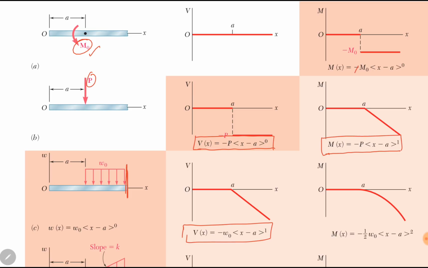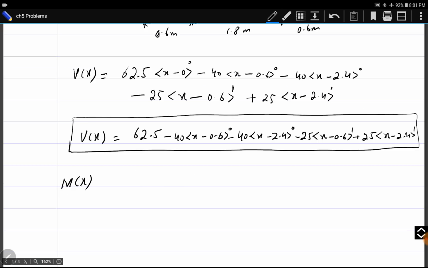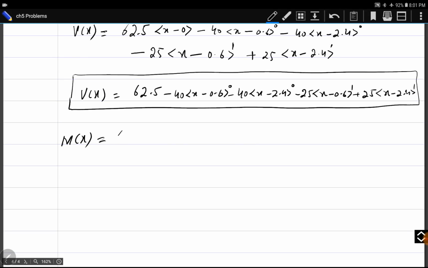For downward force, it is minus p. For upward force, it will be plus p. So for this upward force, 62.5 kilonewton, it will be plus 62.5 into x minus 0 power 1. Here, x minus 0 will be x, and x power 1 will be x again. So I will write it x like this. If we would have integrated the shear force function, this term will be 62.5 x.